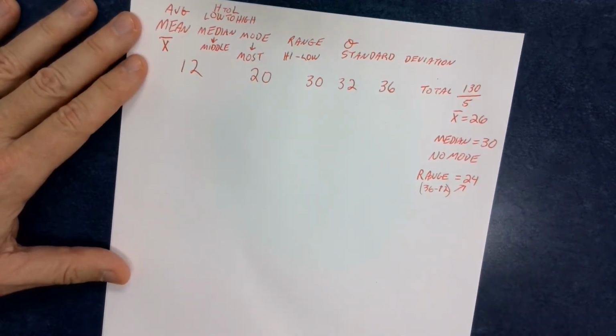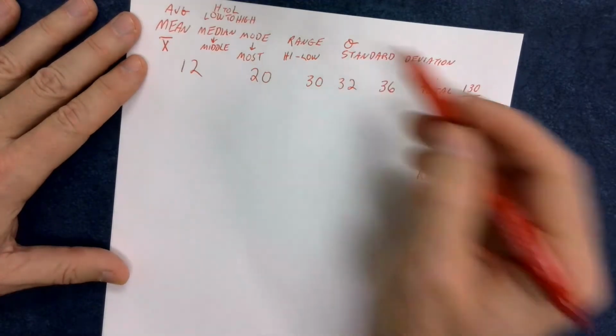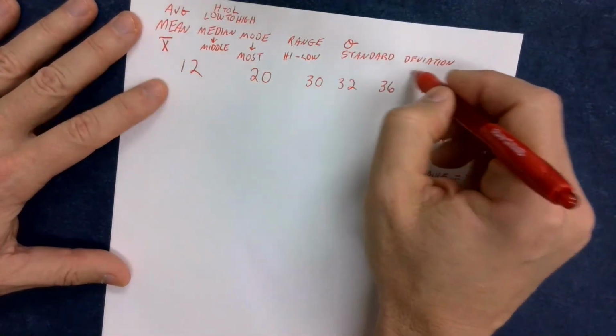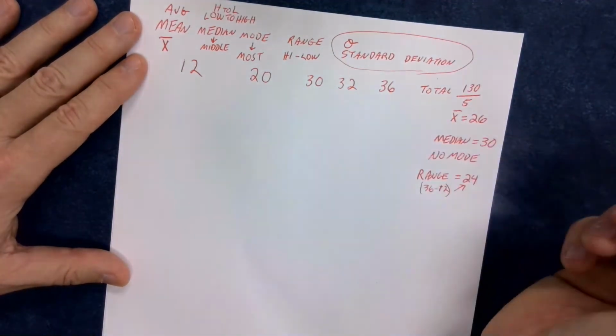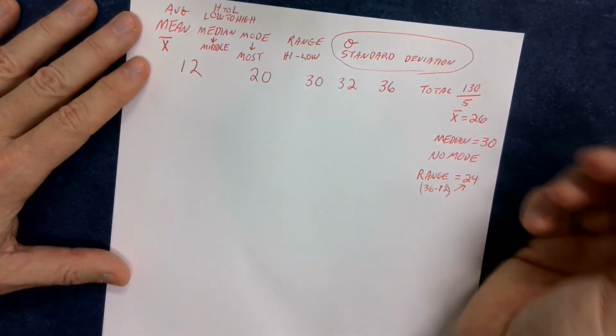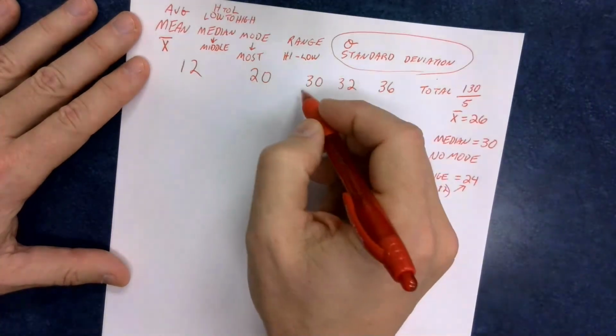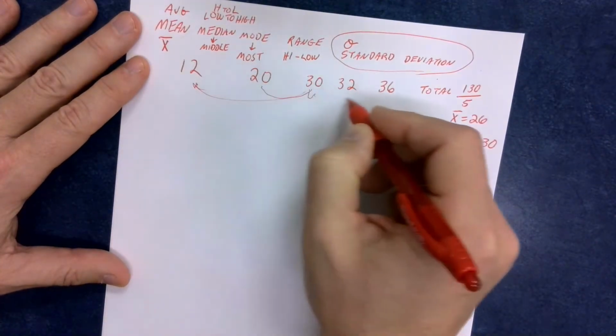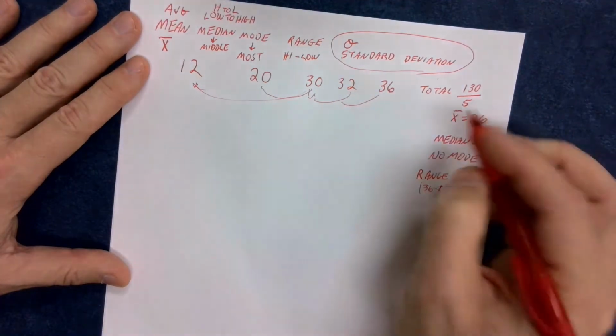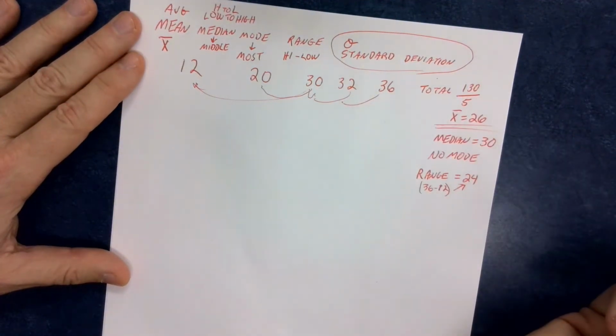So why do I have something called a standard deviation at all? Well, a standard deviation basically takes a look at each one of these numbers and says, how far away are they, right, from what we're going to consider the average. Okay?